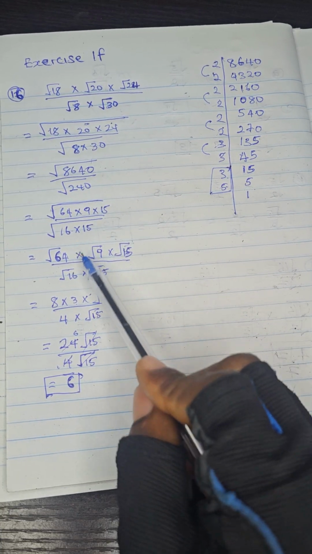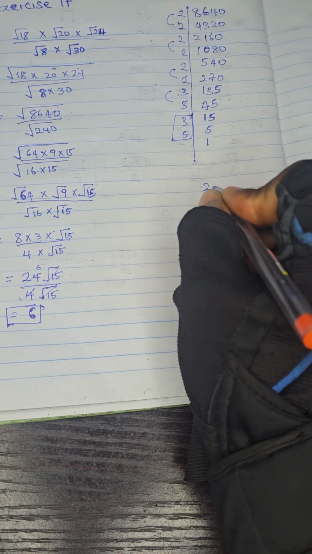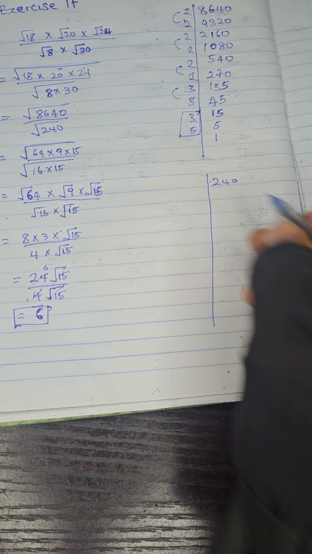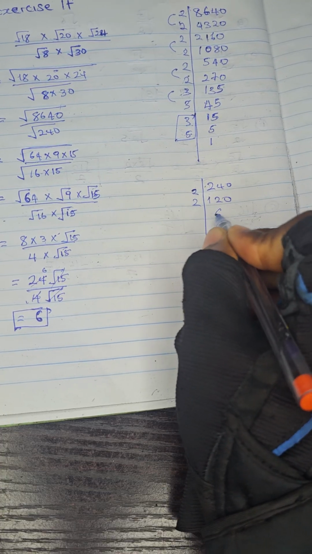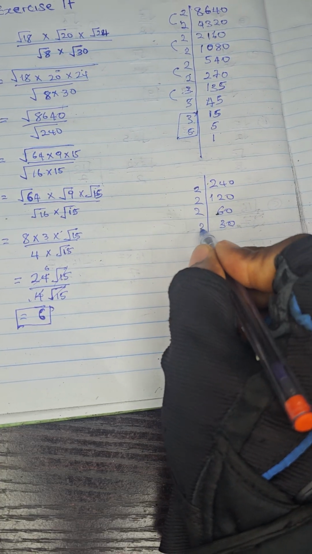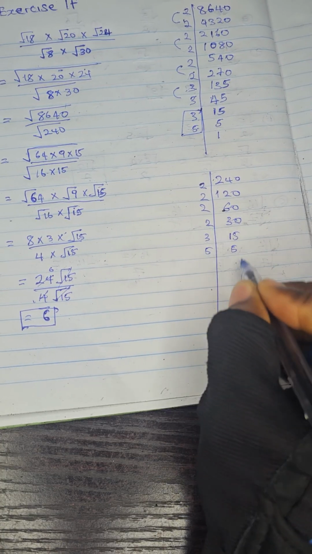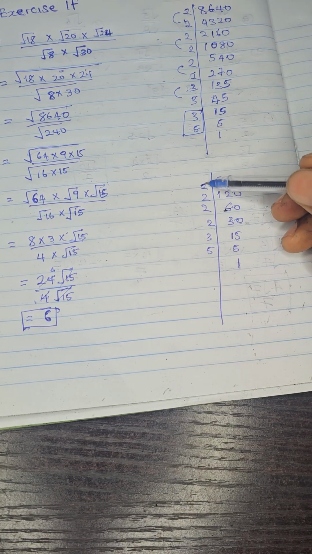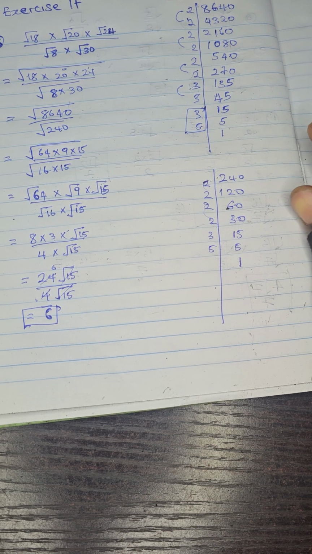The same thing applies to this 240. Let's do the one for 240. 2 goes here, we have 120. 2 goes here, we have 60. 2 goes here, we have 30. 2 goes here, we have 15. 3 goes here, we have 5. 5 goes here, we have 1. Now these ones are in pairs. Anyone that is in a pair will give us a perfect square.